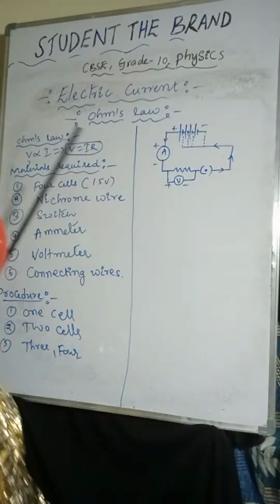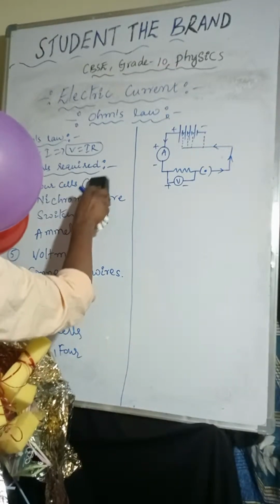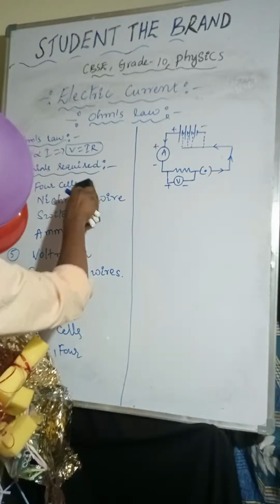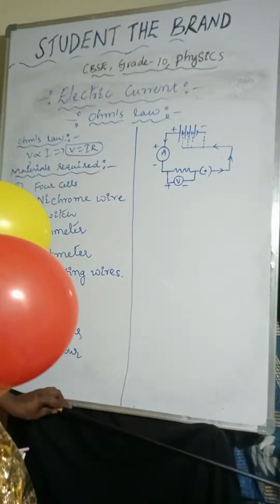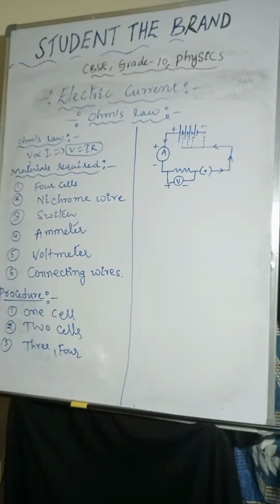We can take 4 cells, 4 cells we have to take. Okay, so that is 0.5 actually, and 1 meter.